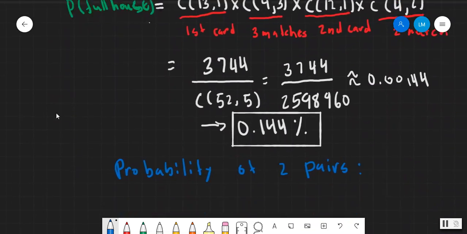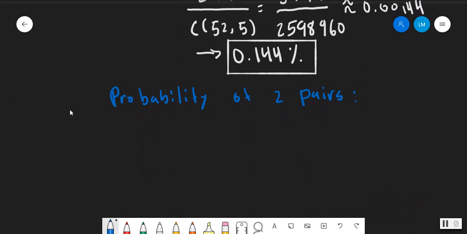So we're going to say that the probability of finding two pairs, we have to find the number of ways that we can match two pairs. So we'll do it like this. How about we say that E is the event of two pairs.